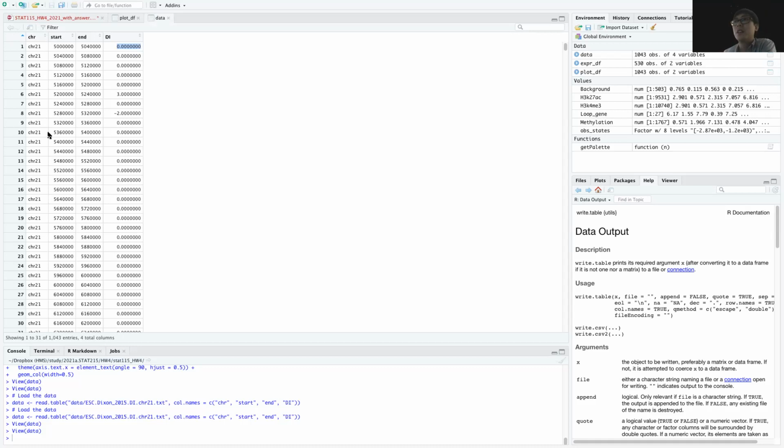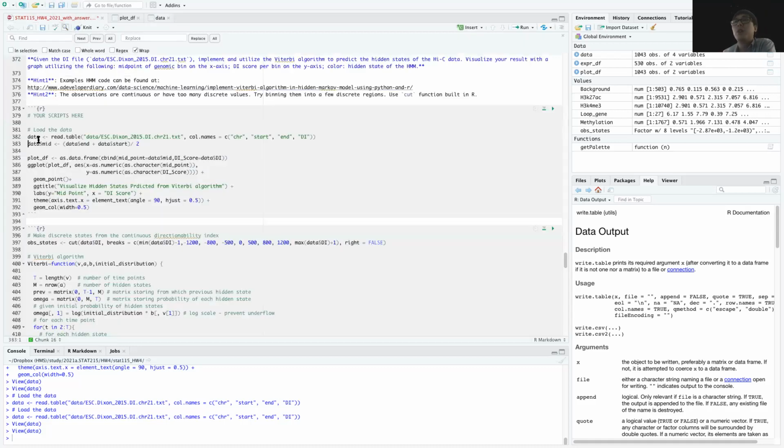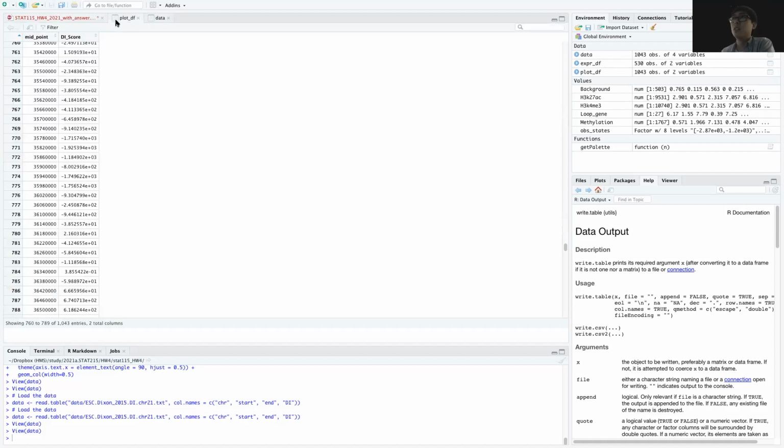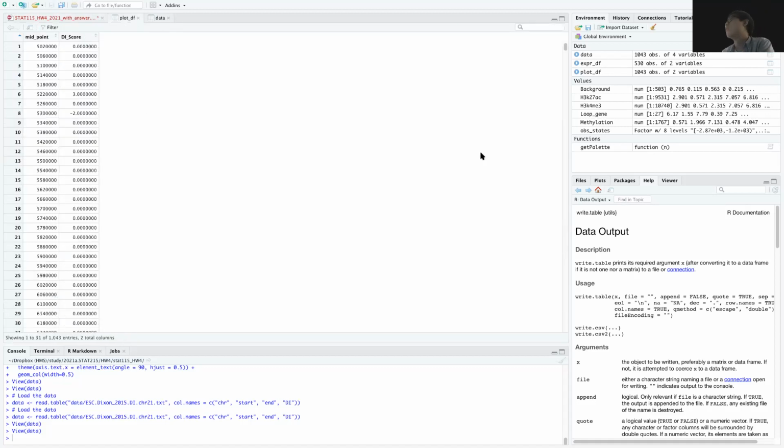So this is the data where for each bin here we have a value. Now imagine we calculate a midpoint between the end point and start point, just merging these two columns. Sorry, I cannot click it anymore, the Zoom is hiding everything.